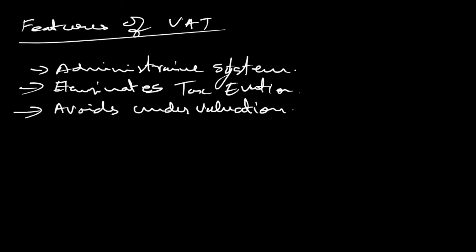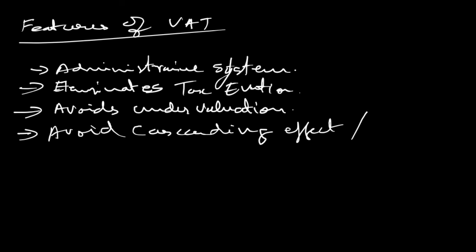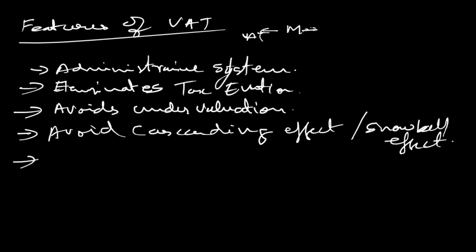So it helps to do away with the cascading effect, or snowball effect. That means if the manufacturer gives VAT to the supplier, the manufacturer will collect that VAT from the wholesaler.